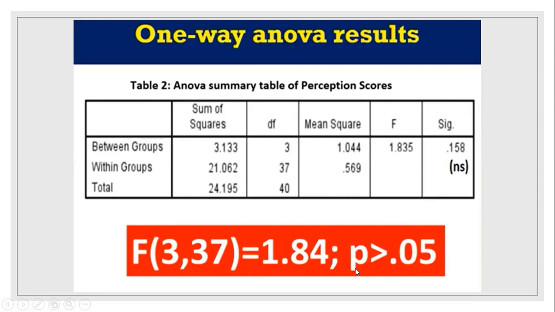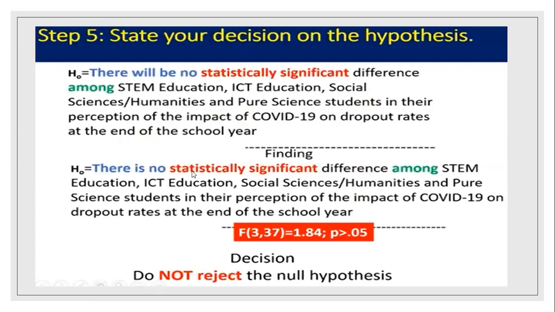Or you can say P is equal to 0.16, or you say P is greater than 0.05. Both are acceptable. Now, after which step number 5, you state your decision on the hypothesis.